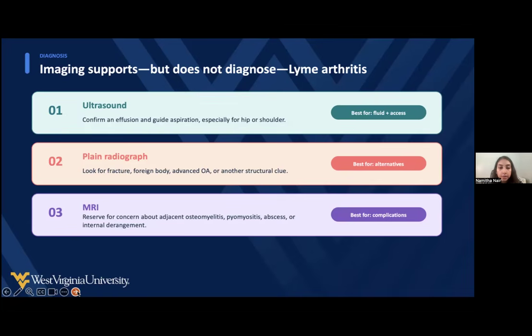Is there a foreign body? Is there advanced OA? So just another structural clue. And then the MRI is usually for complications. So you're still concerned, you've treated the patient, still not improving. You're concerned about other alternatives like osteomyelitis or pyomyositis, or is there an abscess formation? So usually for complications.